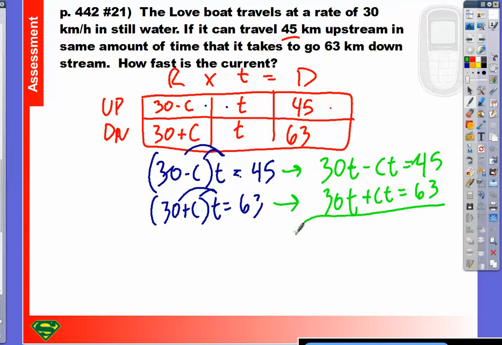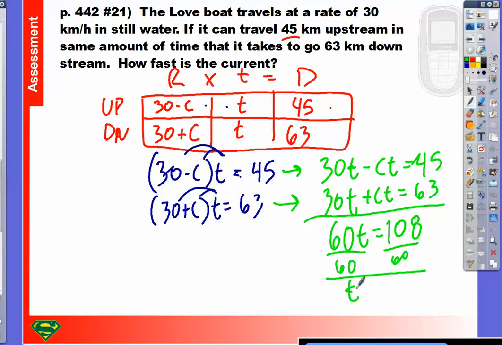So if I add these two equations, my CT will cancel out, and I will end up with 60T is equal to 108. Divide by 60, and I get T is equal to 1.8, I believe. So time is 1.8, so that's 1 hour and 8/10 of an hour.